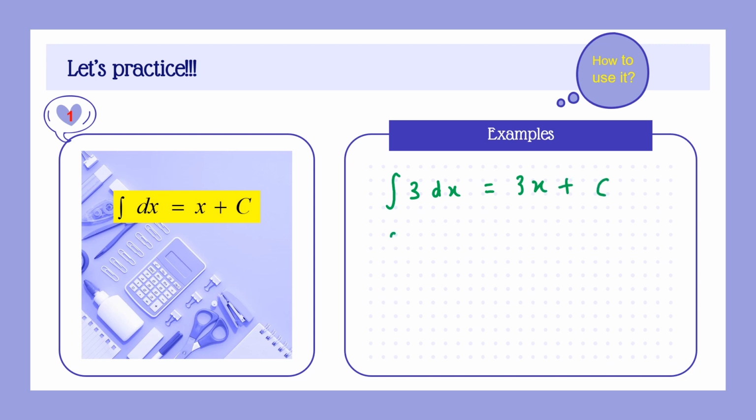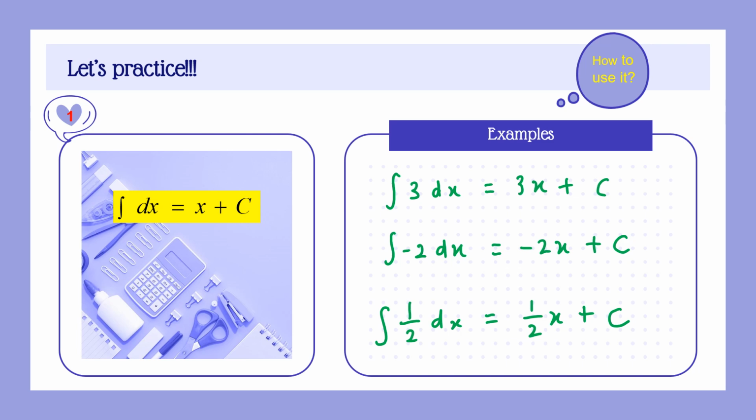Let's say we have integrate negative 2 dx. This one equals negative 2x plus c. And then let's say we have integrate 1 over 2 dx. We get 1 over 2 x plus c.